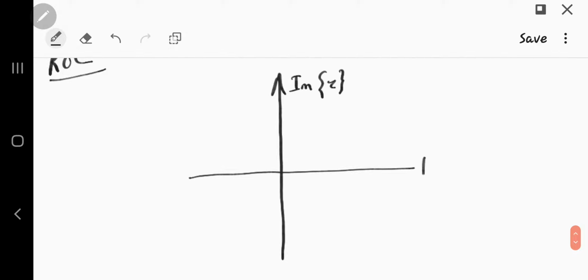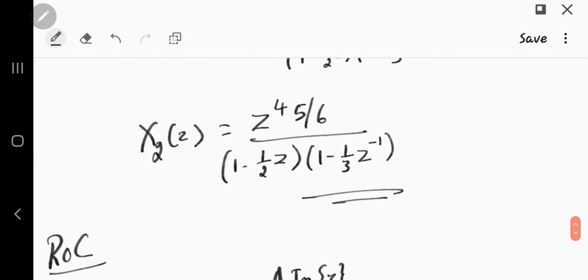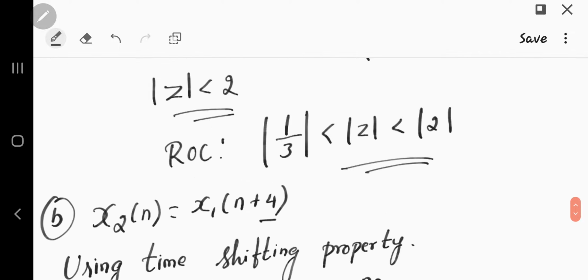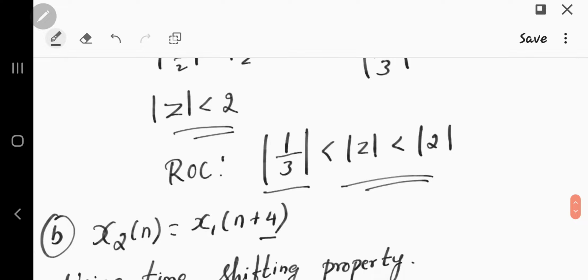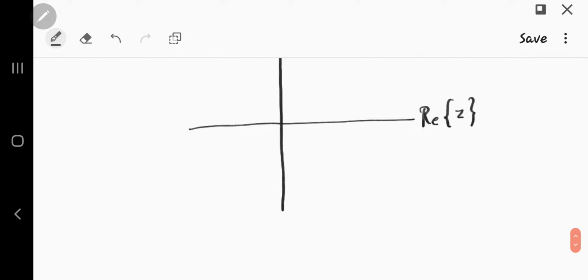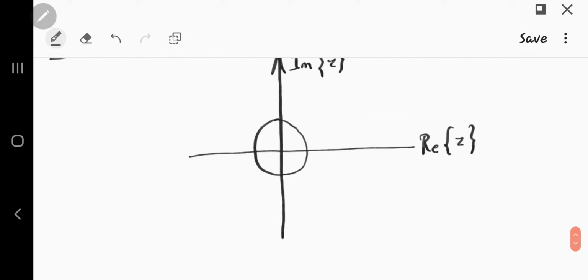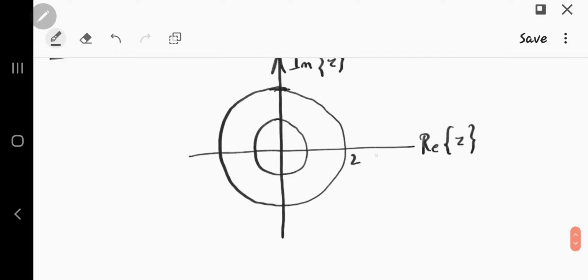Now coming to the sketch part, in the z plane, you have two circles, one with the radius of 1 by 3, another one with the radius of 2. So this is the first circle with radius 1 by 3, and this one is 2.